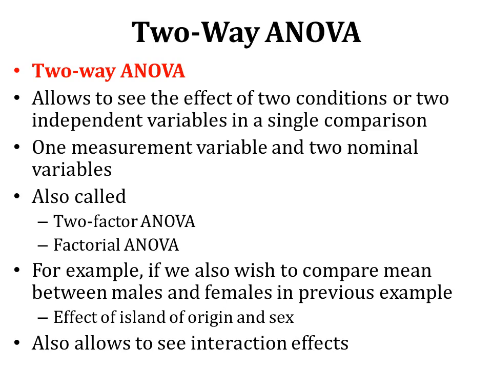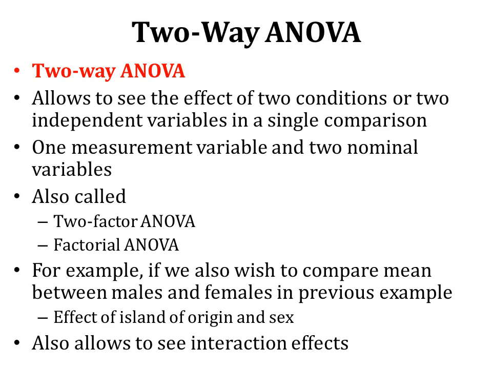This is an added advantage of using a single test: you are not just calculating the effect of the two nominal variables on a single measurement variable, on a single outcome or response variable. You are also seeing the interaction of these two nominal variables with each other, what their combined, interactive effect is on the measurement variable.